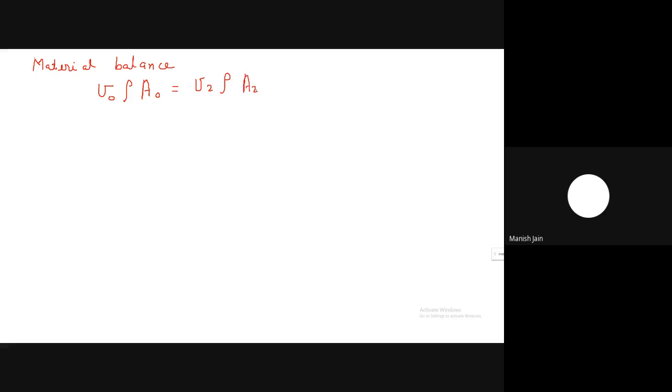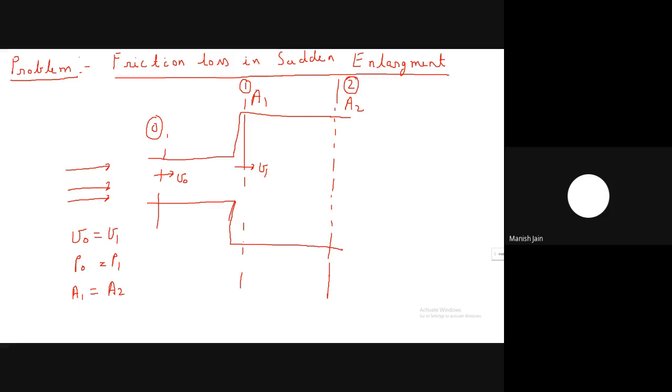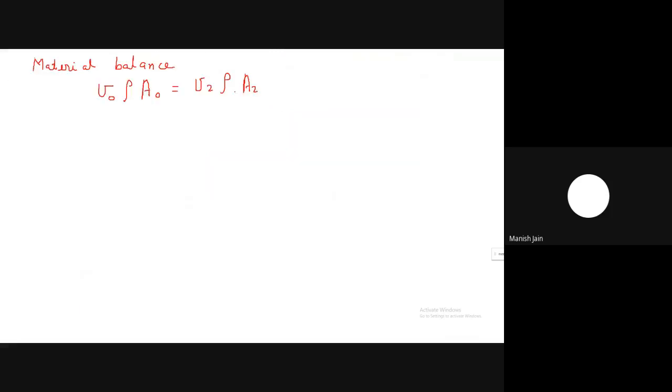So between point 0 and 2, if you do the material balance, m0 equal to m2. Just rearrange this equation, rho will be cancelled out. So you can write V2 equal to A0 divided by A2 multiplied by V0. So this is V2 in terms of V0, from the material balance.